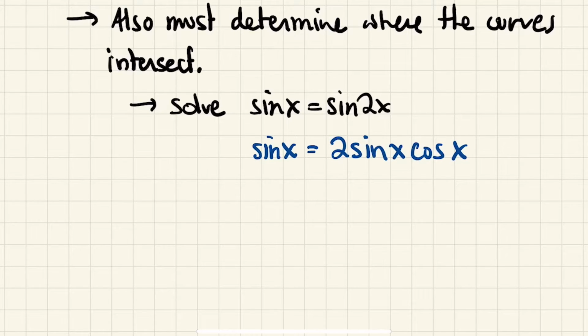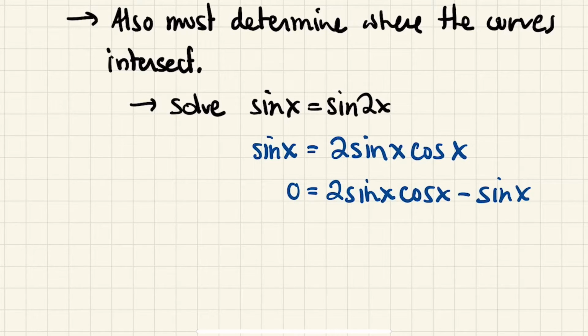So now all the trig functions have the same argument, which is just x, which means we can do whatever we need algebraically to solve this. And what I'm going to do is move everything to one side of the equation. And now we can factor sine out.